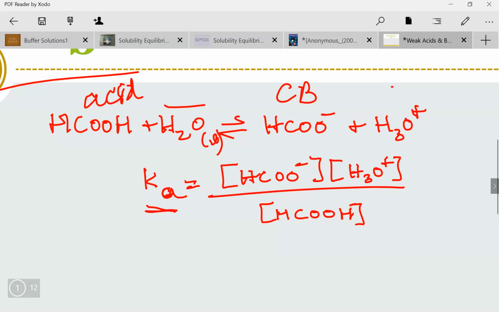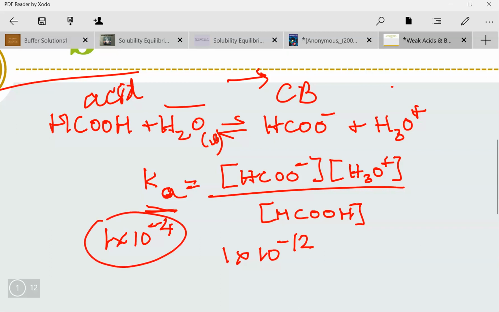more than 1 means that your products are favored heavily over your reactants. But when we're talking about weak acids and weak bases, we observe that the Ka is lesser than 1. But still, there's 1 times 10 to the power of negative 4 Kas and 1 times 10 to the power of negative 12 Kas. And there is a difference between these two acids. This will be a stronger acid relatively than this one.